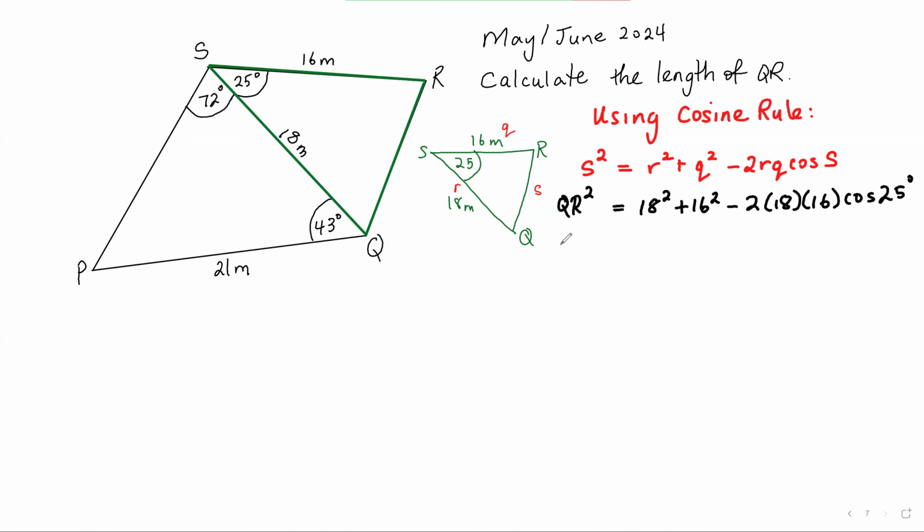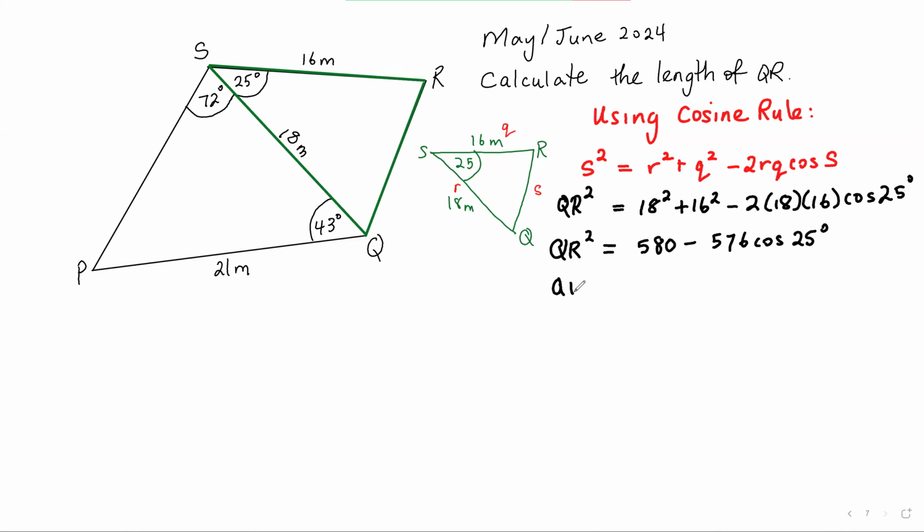So QR squared is equal to 18 squared plus 16 squared, which is 580, minus 2 times 18 times 16, which is 576, cos of 25.